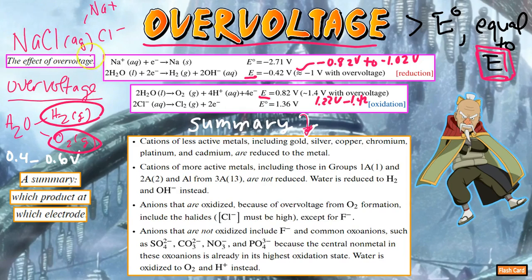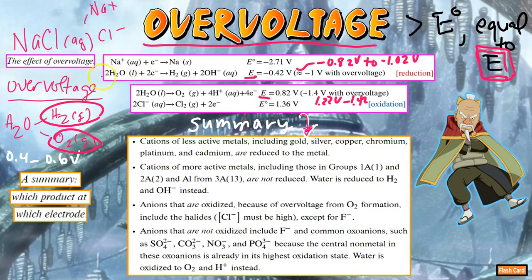So if we're dealing with NaCl, we have the ions of Na plus and Cl minus. Now, also, since we're in an aqueous solution, we know we also have to focus on water. And we know water is going to form either H2 gas or O2 gas. So when we're thinking of NaCl ions and we have to compare them, we're thinking of what is going to be the oxidizing agents for reduction and what's going to be the reducing agents for oxidation.